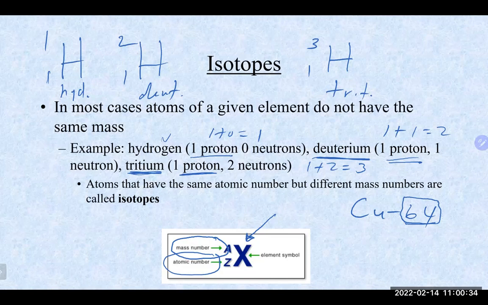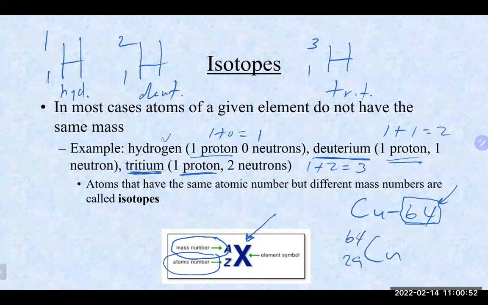Copper is 29, which is actually the atomic number, right? So that's actually the atomic number, which means this number is actually the mass number. So sometimes isotopes are written like that, the symbol dash a number, and typically the number that comes after the dash is the mass number. And obviously you can go to the periodic table there and find the atomic number. Any questions on that there?